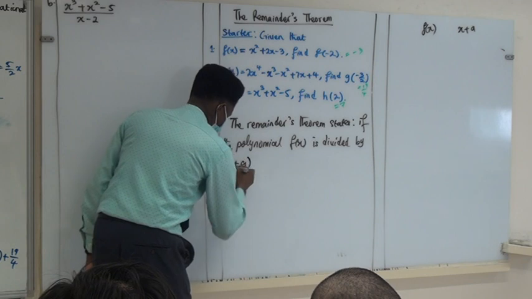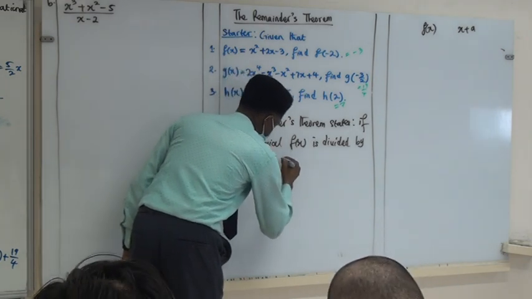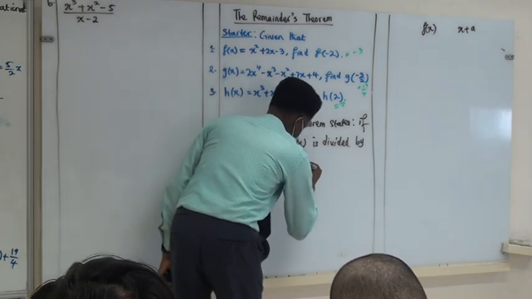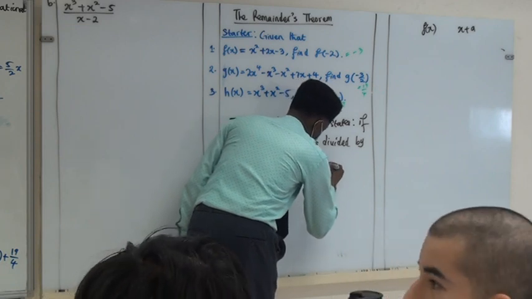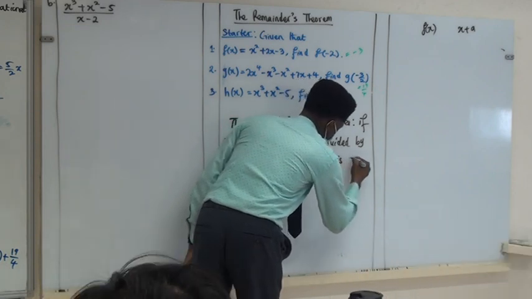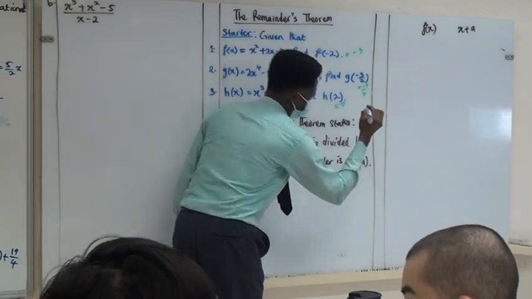Divided by x plus a, then the remainder is f of negative a.